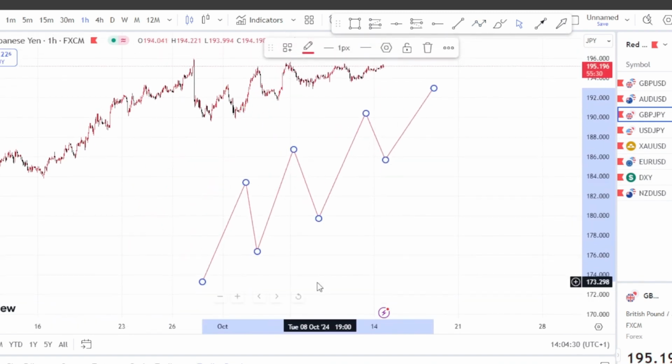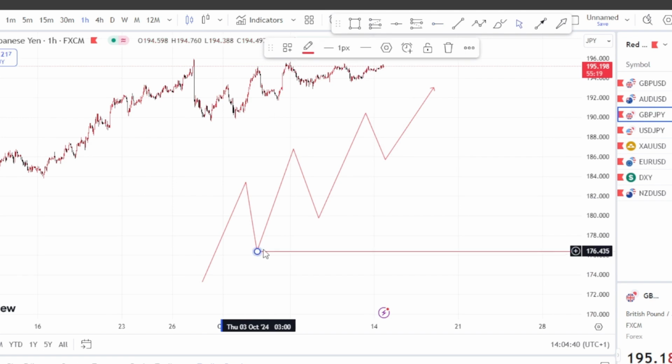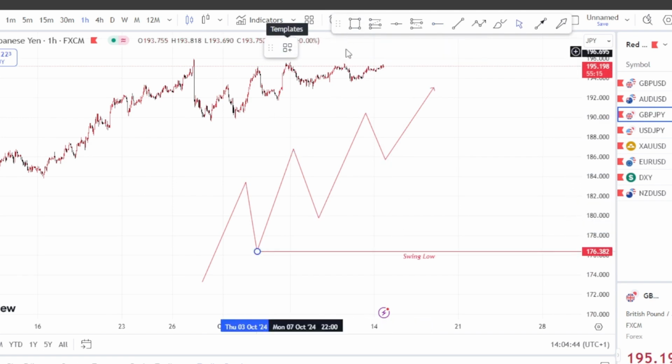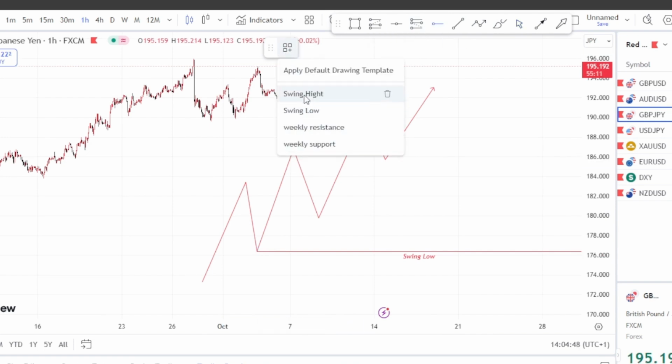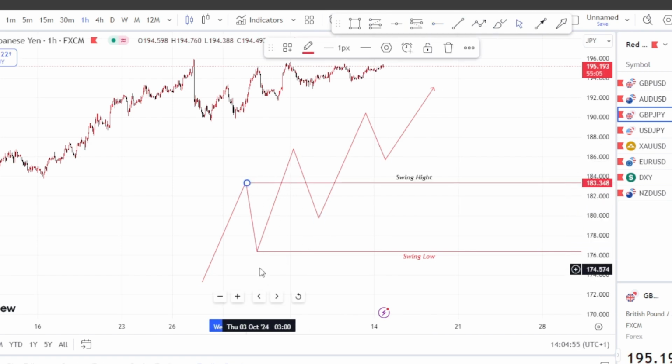This particular move, this will be our swing low, and then we will have another one, a swing high. At this point, this is the swing high we have. This is our retracement zone, and this is the high of that particular swing.